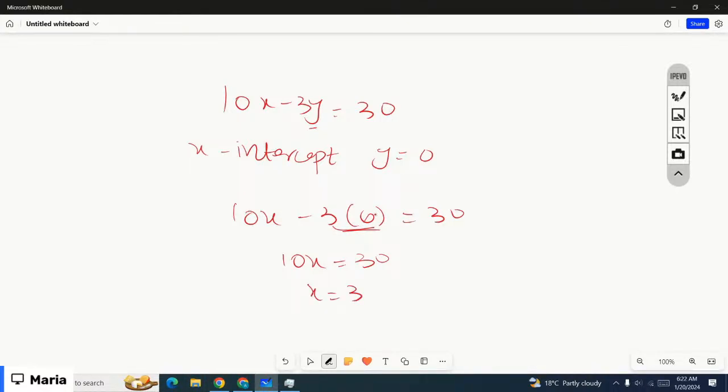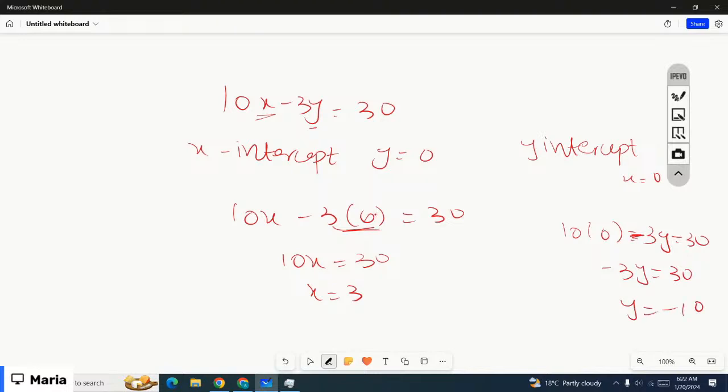Same thing we have to do for the y-intercept. For the y-intercept, you need to put x equals 0, right? Just replace the x with 0. 10 times 0 minus 3y equals 30. So negative 3y equals 30 and y equals negative 10.